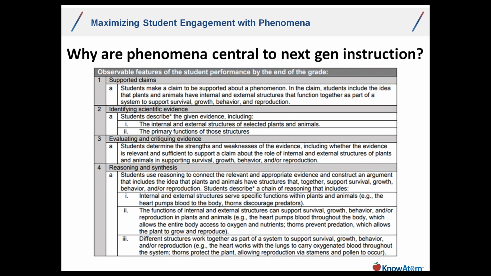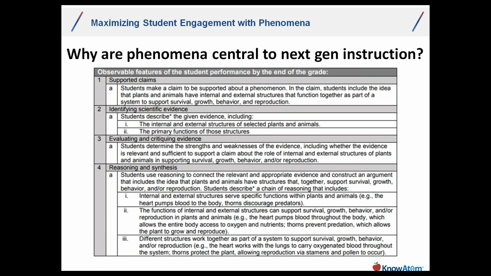They need to be able to identify scientific evidence, and part of the purpose of identifying the evidence, and it's specific to life science here, is to use it as part of evaluating and critiquing their own approach. So that's why you see here under 3A, it says students determine the strengths and weaknesses of evidence. It may be their own, it may be somebody else's. It really should be both.